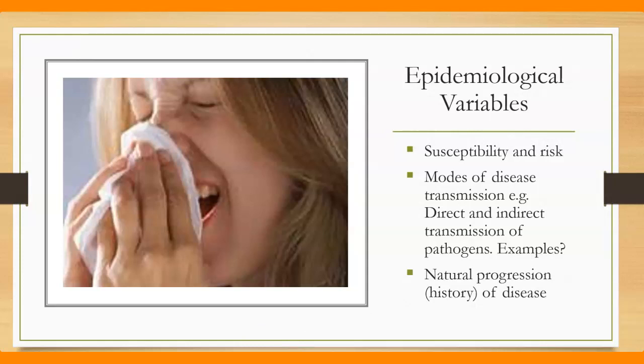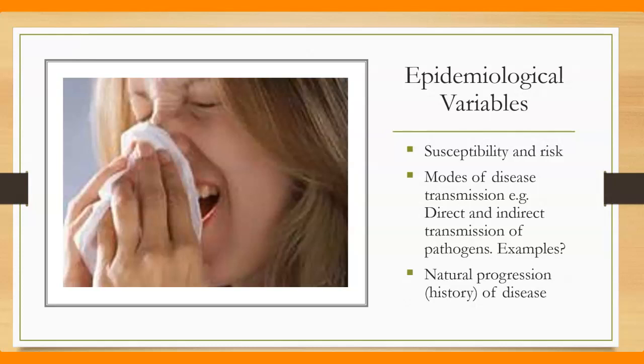So, epidemiology variables. You've got modes of disease transmission, direct or indirect. Some examples I gave you already are COVID, or other viruses such as flu, H1N1, and even the kind of viruses that go through the hospital, such as MRSA, VRE, things like that, okay?